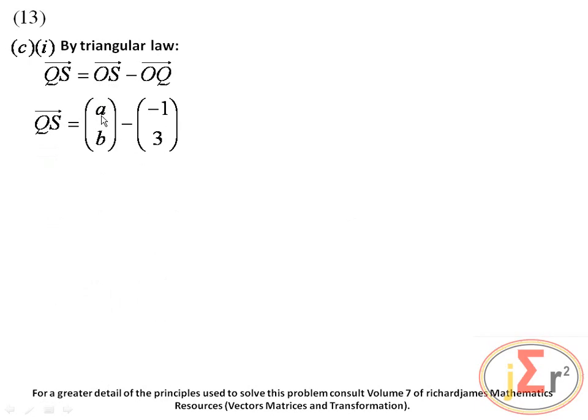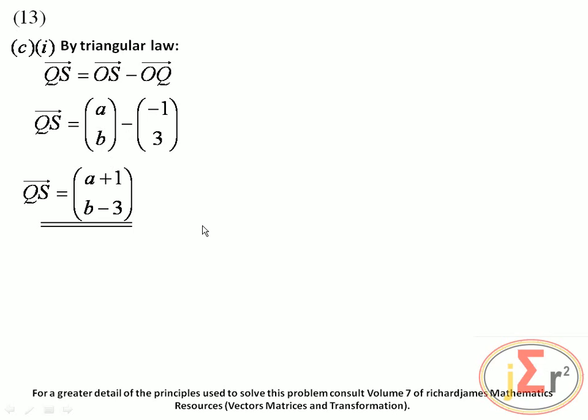OS is (a, b), and we are going to subtract OQ, which we know already from the previous slide to be (-1, 3). So we have (a, b) minus (-1, 3). So we have a minus negative 1, so that's plus 1, and b minus 3. So that is what QS is equal to.